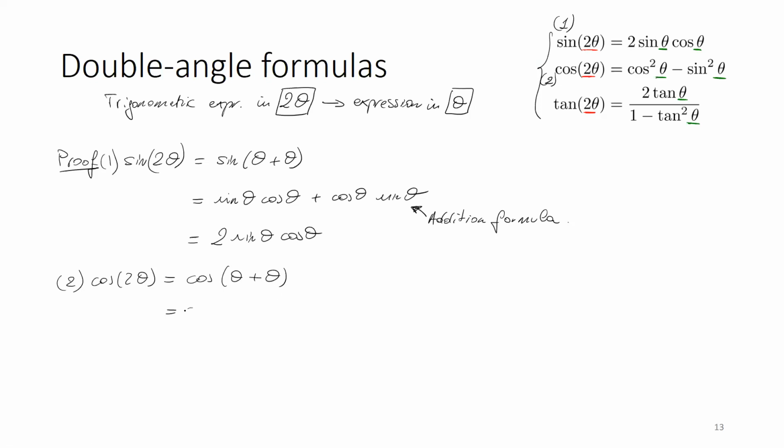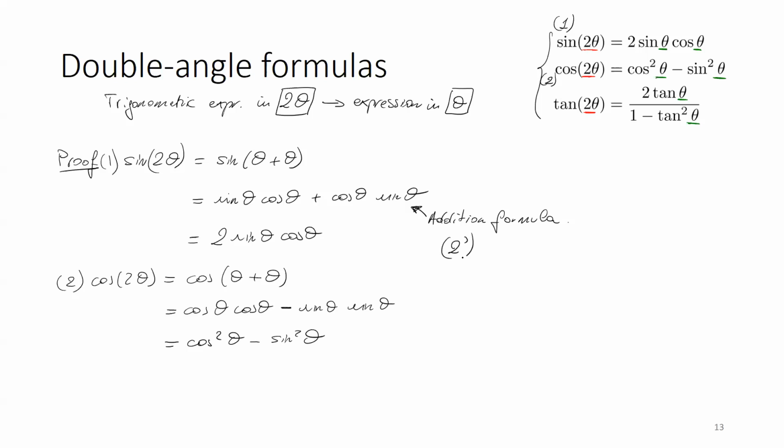And we use the addition formula, cosine theta cosine theta minus sine theta sine theta, and that gives me cosine times cosine, that's cosine squared theta minus sine squared theta. So that gives me the second formula, but there's 2 slightly different formulations of the same expression that I also want to share with you.